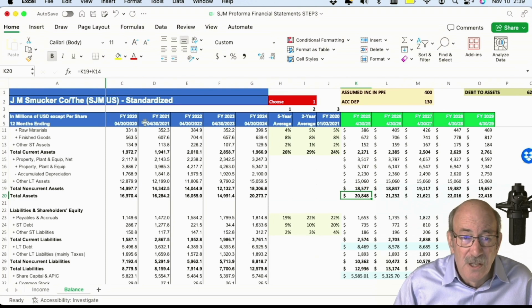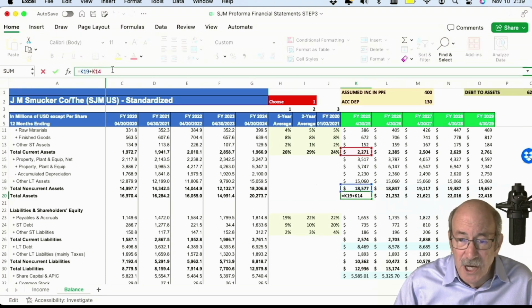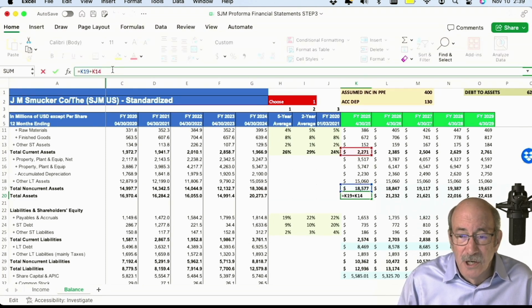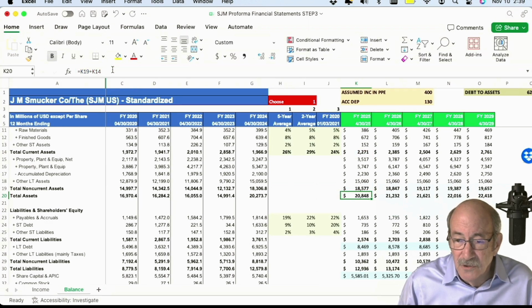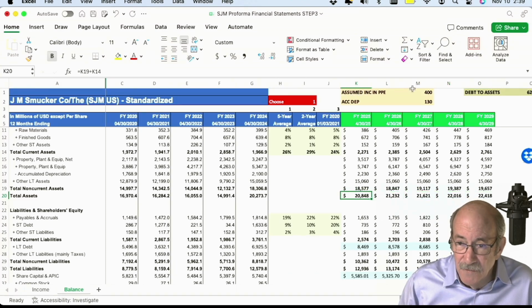And then finally, I add together my total current and total non-current, and I have my total assets. And notice that they're going up each year a little bit, not a lot. And again, largely that's because of the assumptions here about PPE.